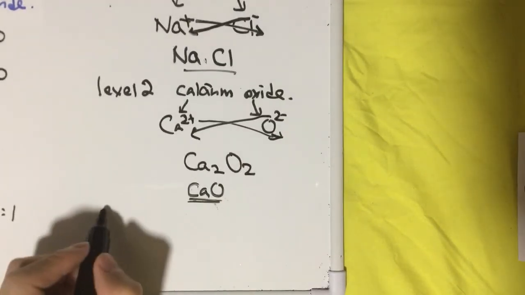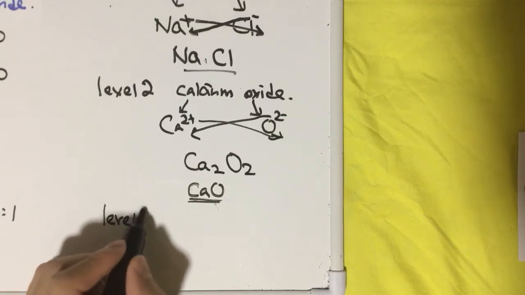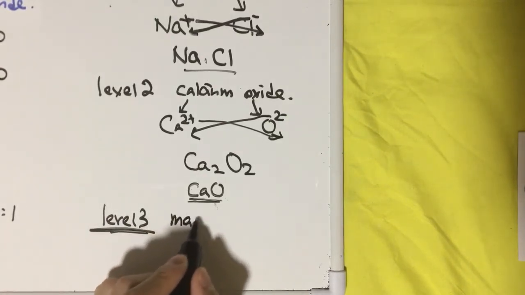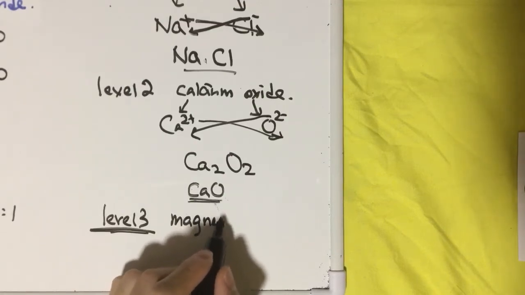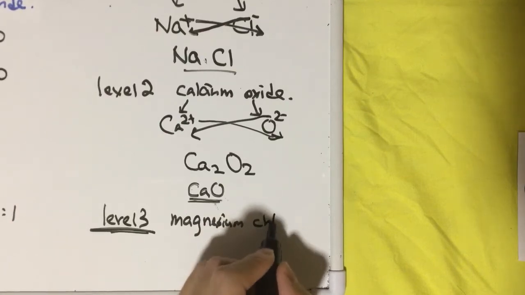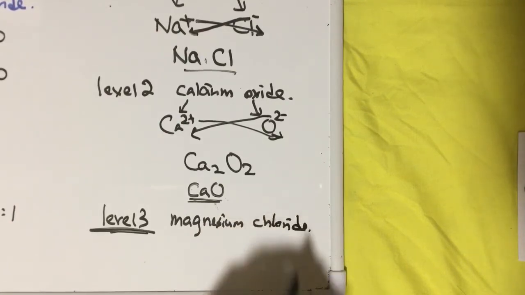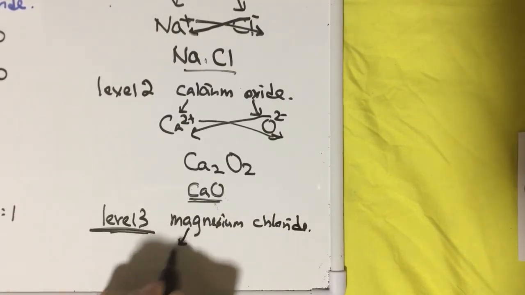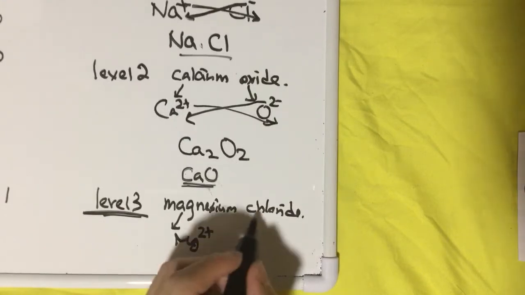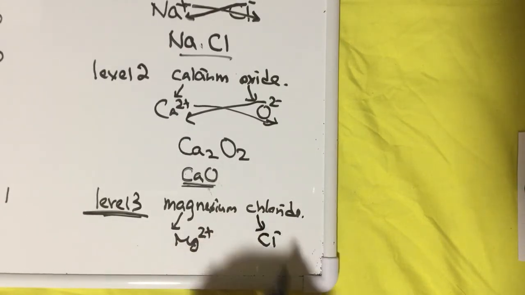Last but not least, for level 3, this time we'll use an example of magnesium chloride. So magnesium chloride, what will be the first step when you write down the chemical formula? It should be write down the symbol of the ion. So first one, magnesium ion, and for the chloride ion here, Cl minus.